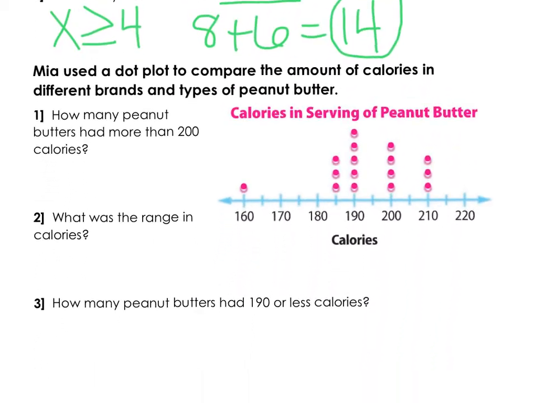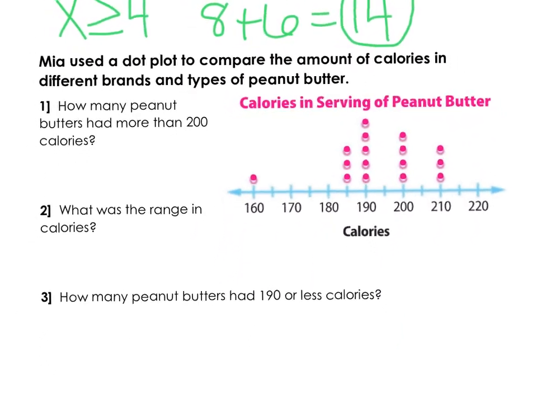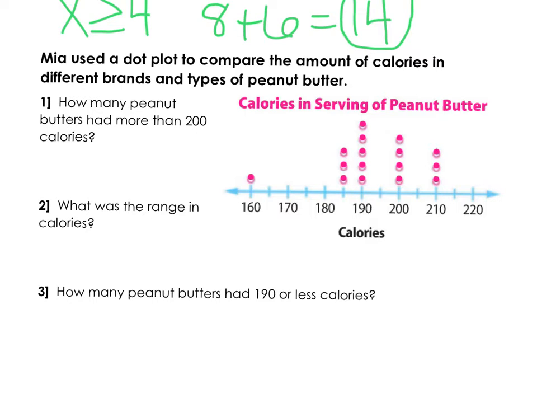All right, let's try looking at another one. It says Mia used a dot plot to compare the amount of calories in different types of peanut butter. It says how many peanut butters had more than 200 calories? So I'm going to write my inequality: x is greater than 200.